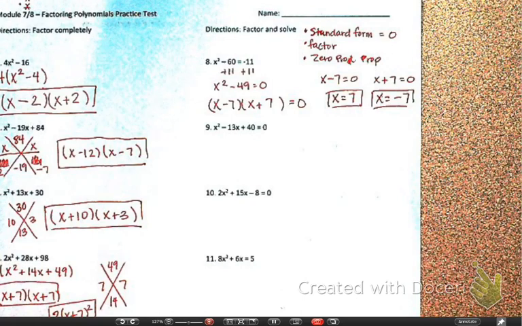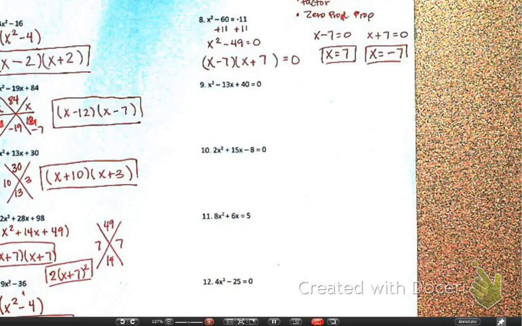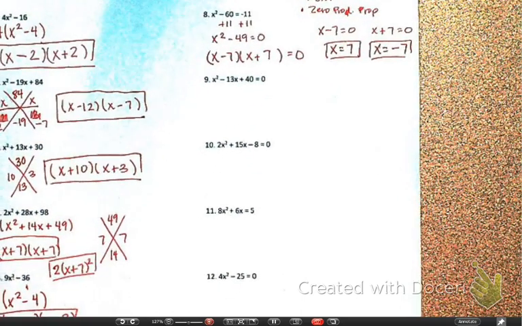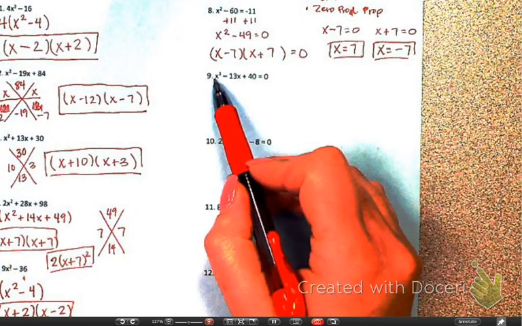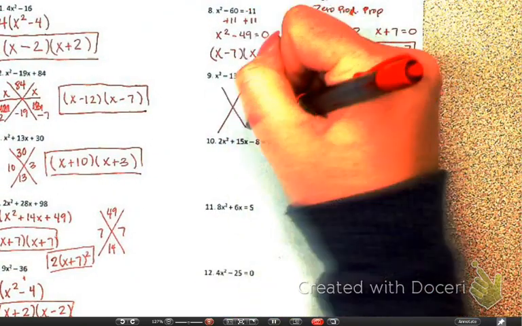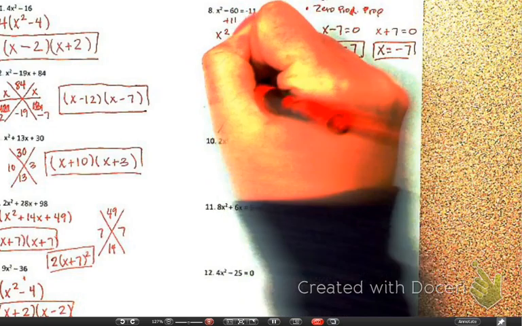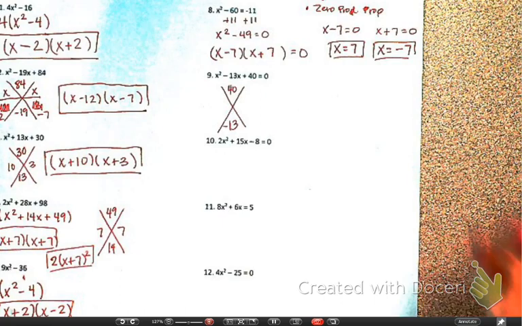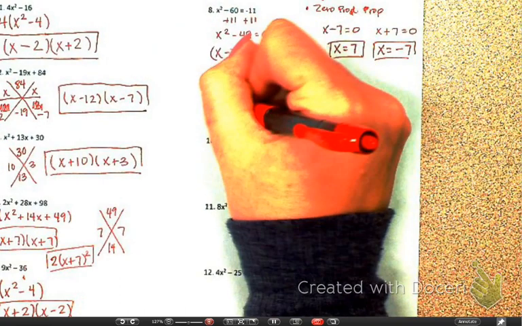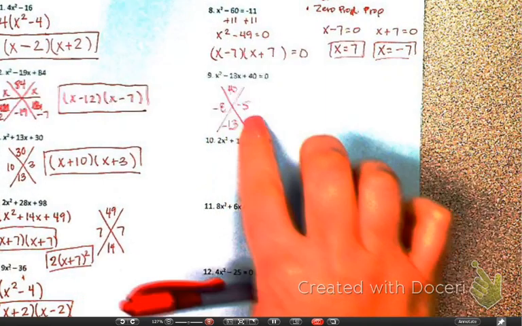Number 9. Are we in standard form? Yes? We're set equal to 0. So I'm just going to factor. Because my leading coefficient's a 1, I'm going to use the x. So I'm looking for two numbers that multiply to 40 and add to negative 13. Negative 8 times negative 5 is positive 40.